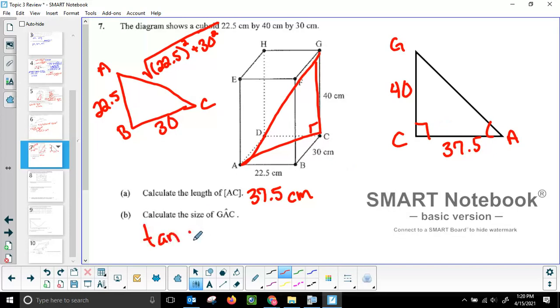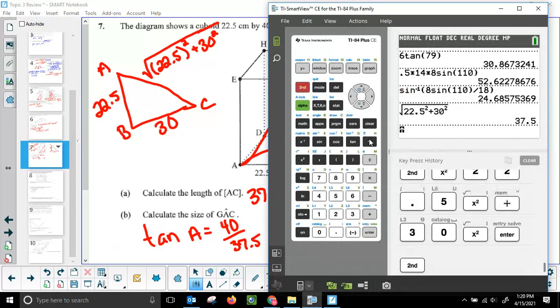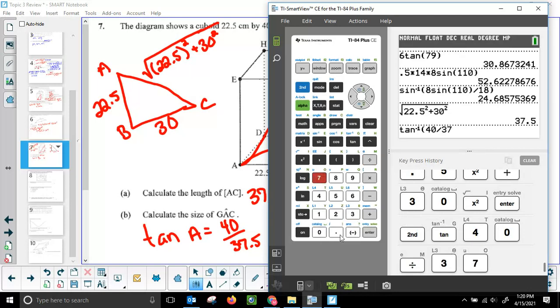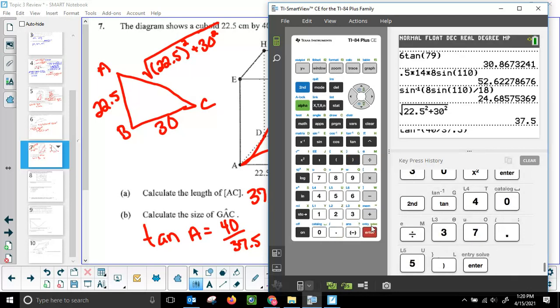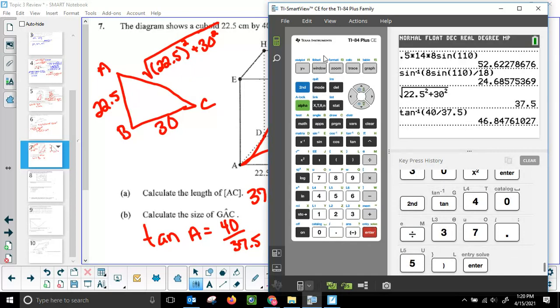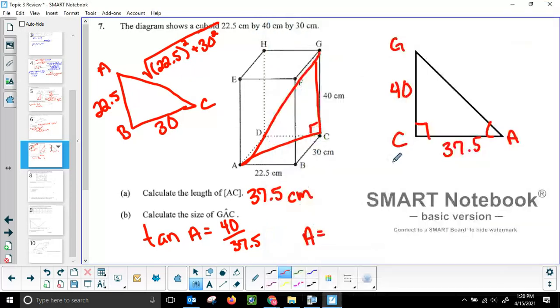So the tangent of angle A is equal to 40 over 37.5. So just take the inverse tan of both sides. And we get 46.8 to 3 sig figs.